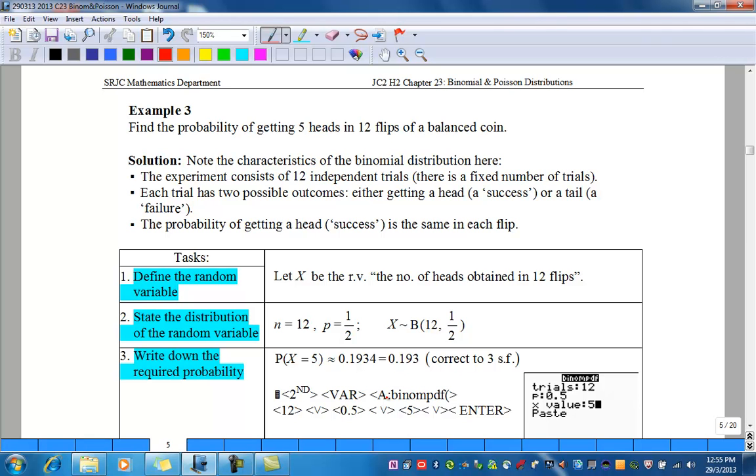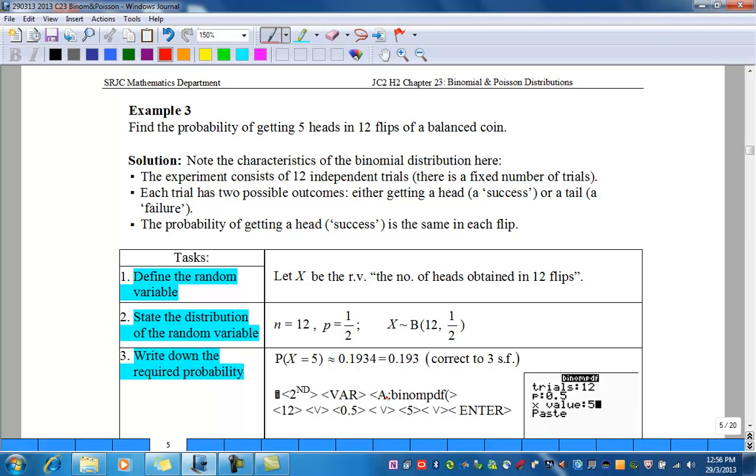When solving binomial problems, you need to take note of the following. 1. Define the random variable. Let X be the random variable, the number of heads obtained in 12 flips. 2. State the distribution of the random variable, taking note of the value of n and the value of p.